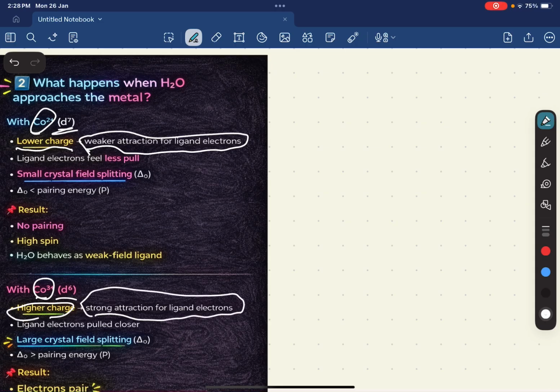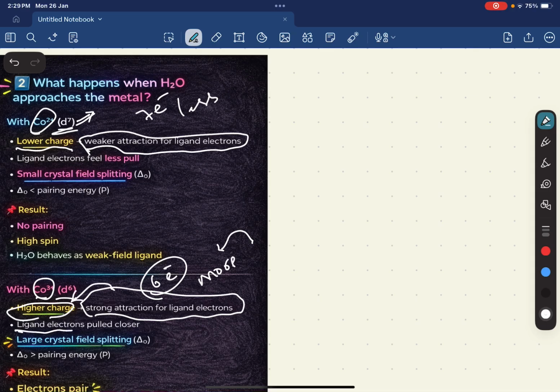Why is it like that? d7 means 7 electrons are already present in the d orbitals, but here 6 electrons are present. So Co3+ has more empty orbitals comparatively, and when the empty orbitals are more, the ligand electrons are easily accepted. That's why the ligand is more attracted towards the metal which has higher charge.